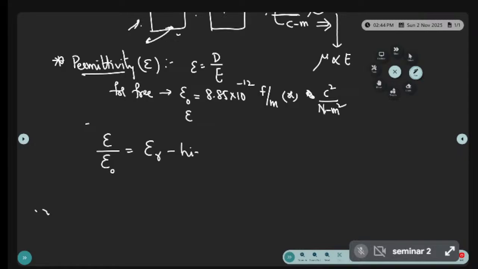If the value is high, such bodies will be polarized easily, and they show as good electrical insulators.